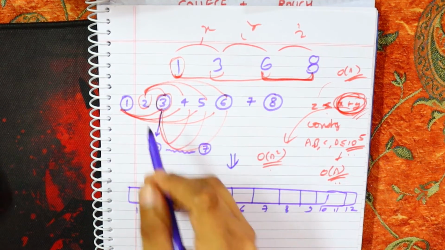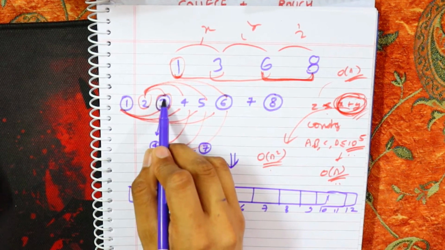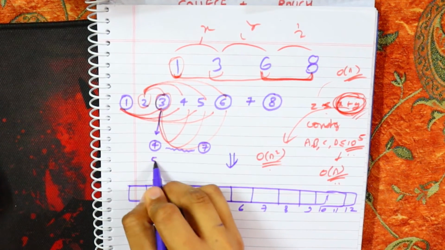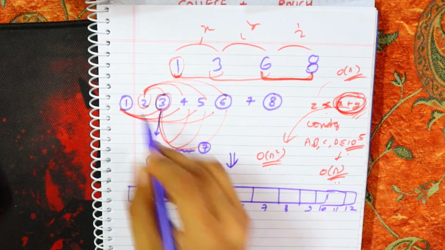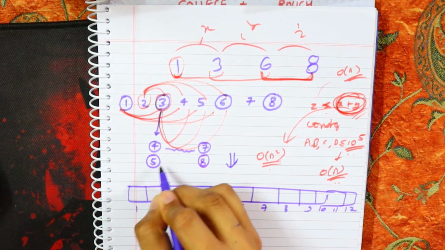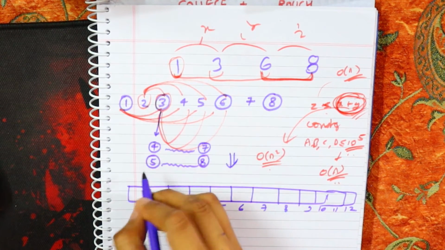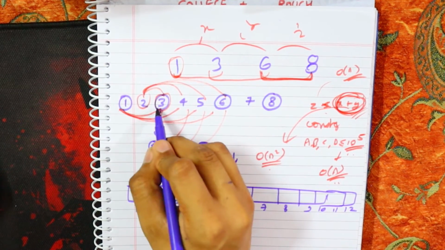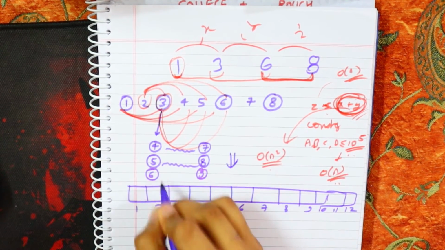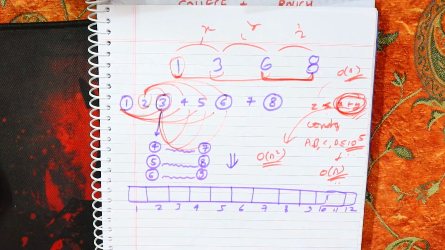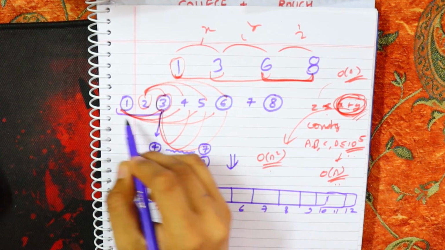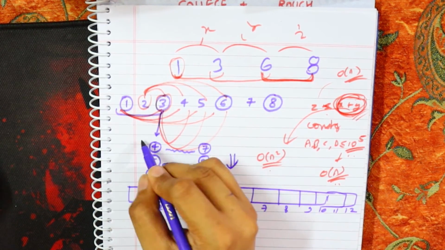The next row's first element will be 3 plus 2, 5, and the last element will be 6 plus 2, 8, and all elements in between. Then the first element will be 3 plus 3, 6, and 3 plus 6, 9, and all elements in between.